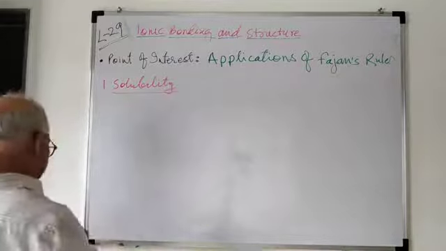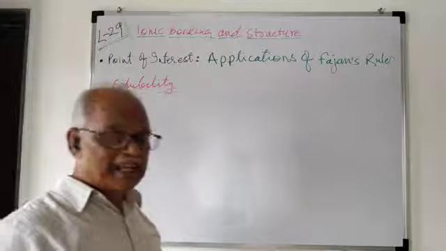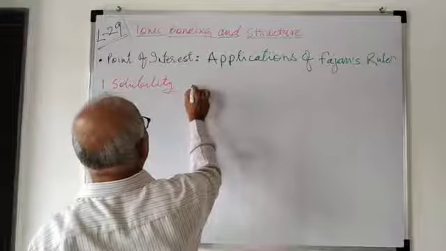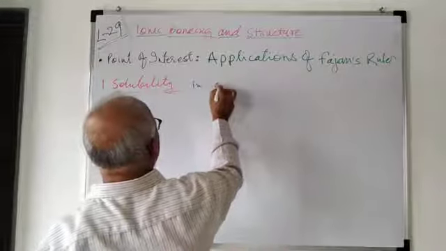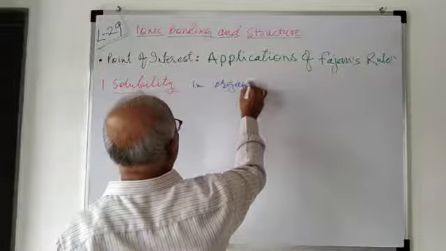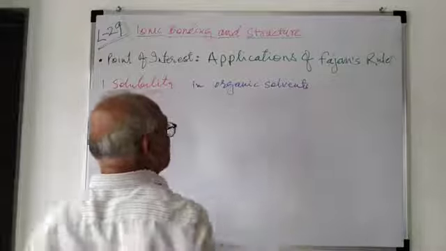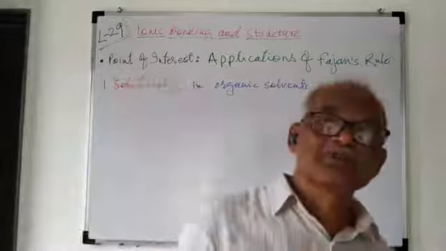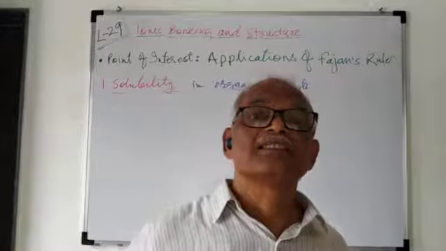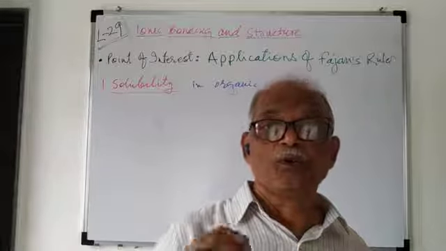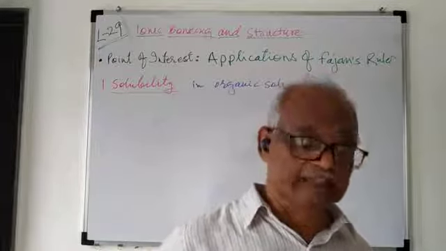This solubility we can consider for inorganic solvents. When the solubility in organic solvents is more, it means the solubility of such a compound is less in water or polar solvent.